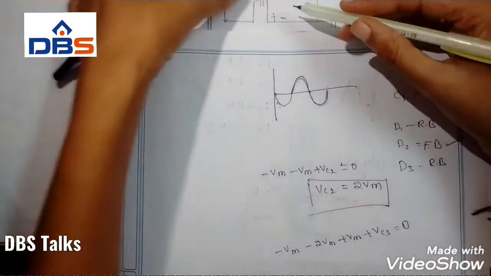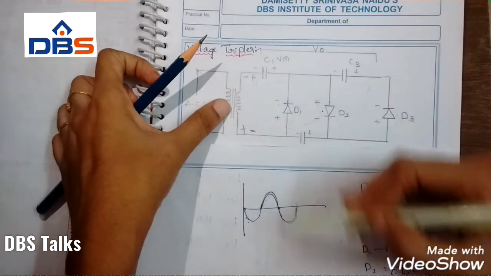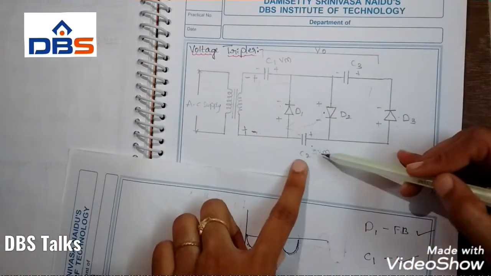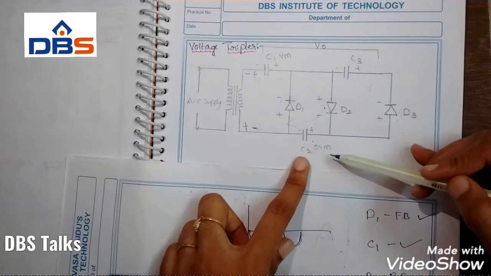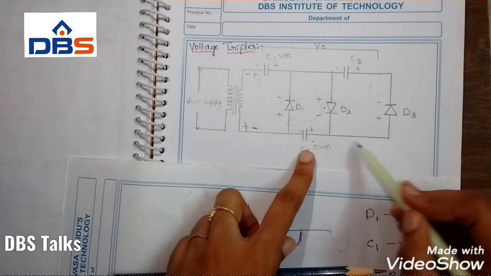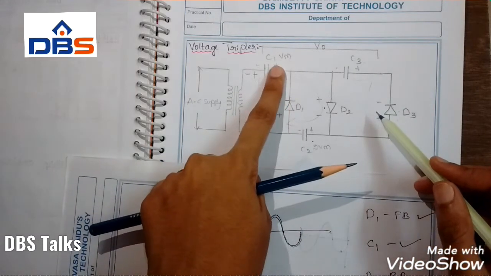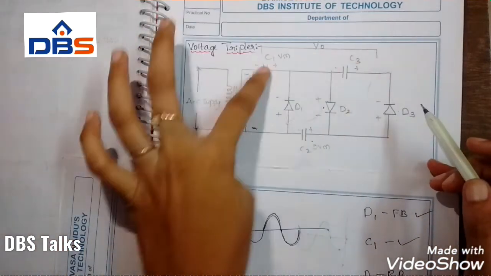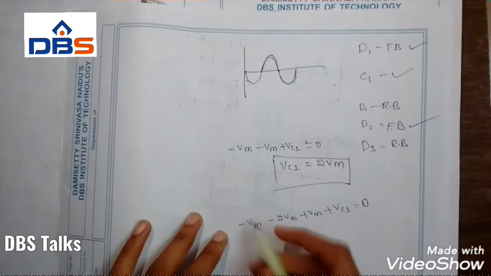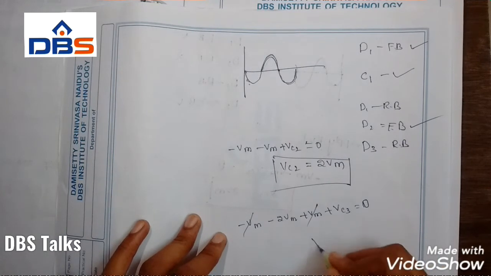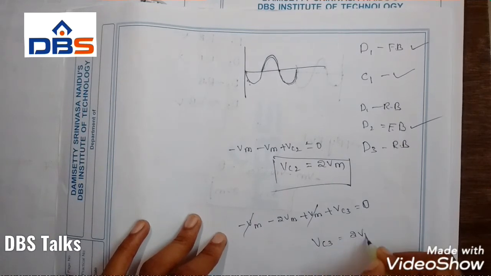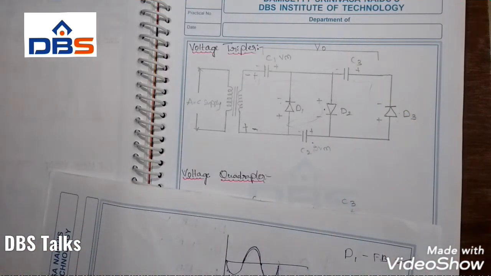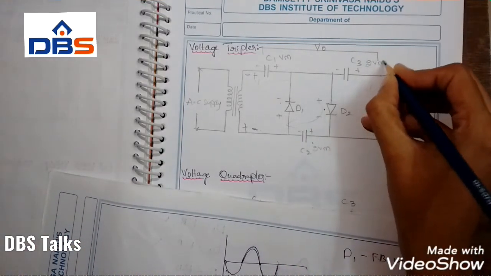Just observe here, minus Vm, minus 2Vm because the capacitor is charged up to 2Vm, and here we are having a plus Vm, and this I am assuming as Vc3. Just apply KVL in this loop. Then minus Vm plus Vm gets cancelled. Then we will get Vc3 is equal to 2Vm. It means the capacitor C3 will be charged up to 2Vm.